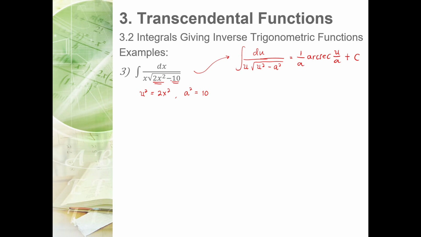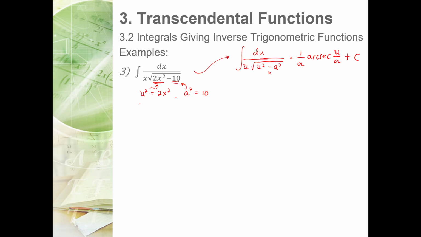We don't include the negative sign because it's already included in the format. Looking at the equation, the negative sign is already part of the equation. That's why we only declare 10 as your a squared without the negative sign. So this one becomes u squared, this one becomes a squared.